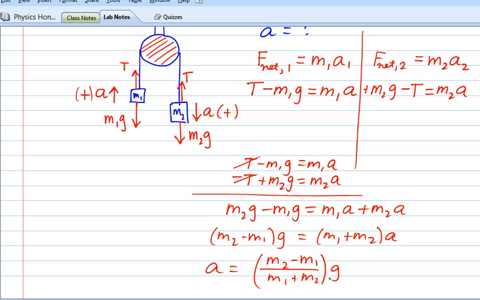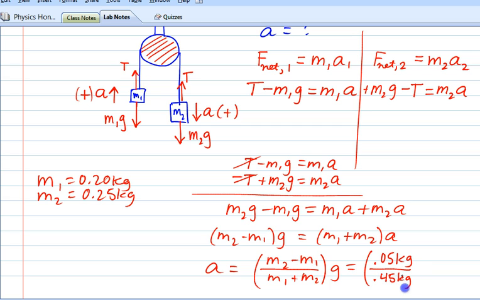And if we go ahead and plug in the numbers that we're given, we're told for this problem that M1 is 0.20 kilograms and M2 is 0.25 kilograms. So if I plug those in, I'm going to get 0.05 kilograms over 0.45 kilograms, all times 9.8 meters per second squared.